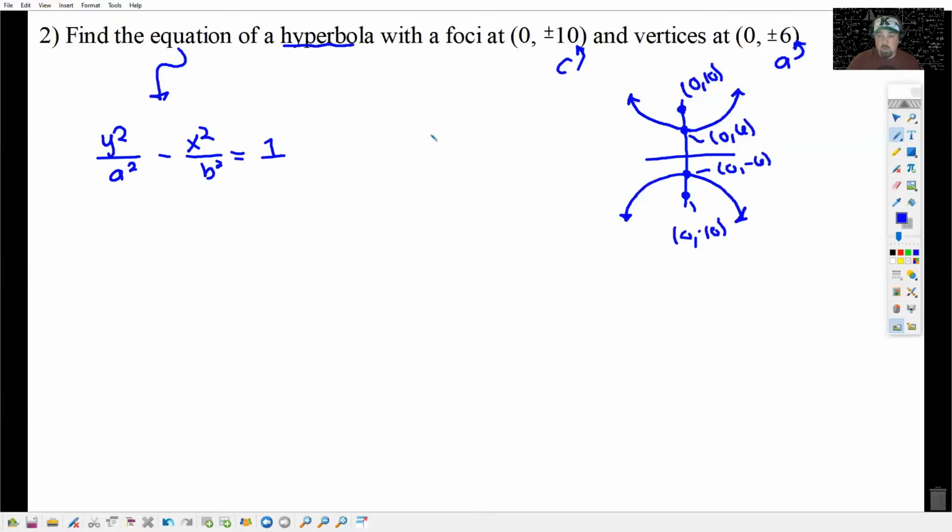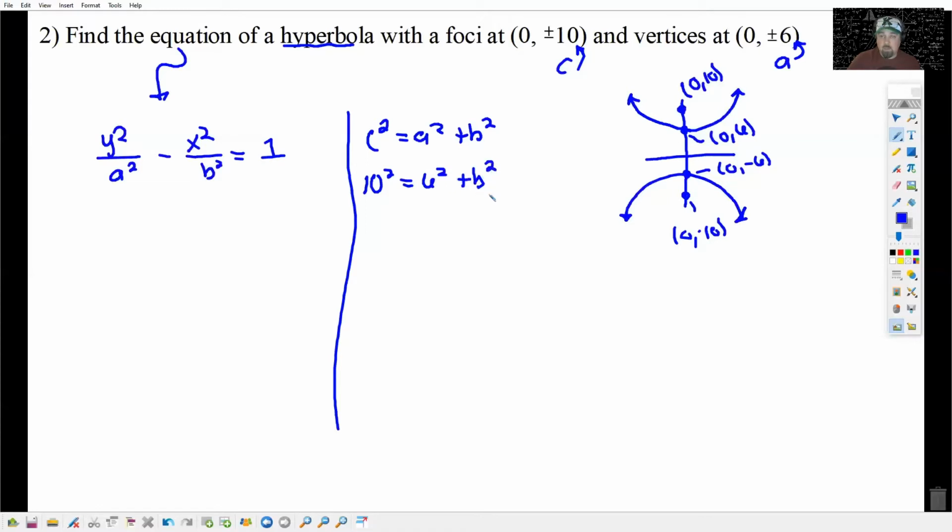What we also need to remember is that this is straight Pythagorean theorem: c squared is equal to a squared plus b squared. If I know two of these parts, I can find the third, because I need to fill in what a squared and b squared are. So c squared, we put the 10 in here: 10 squared is equal to 6 squared plus b squared.